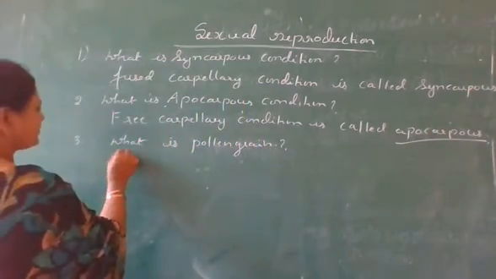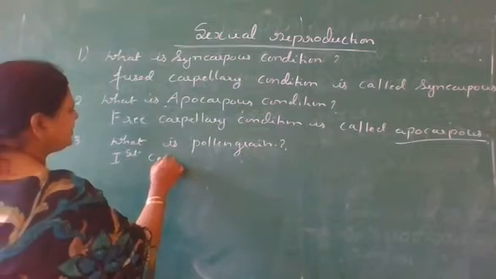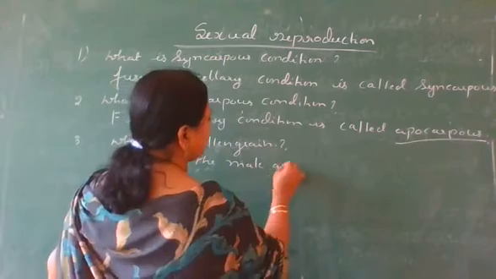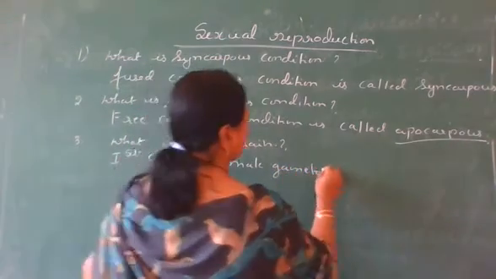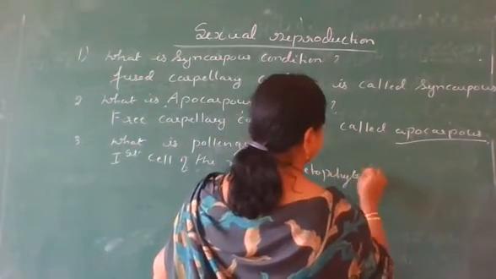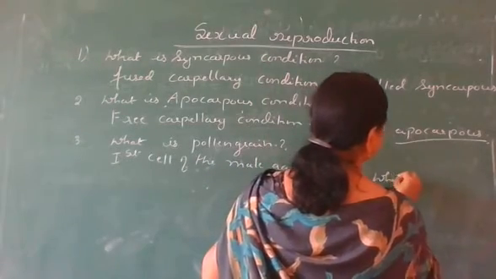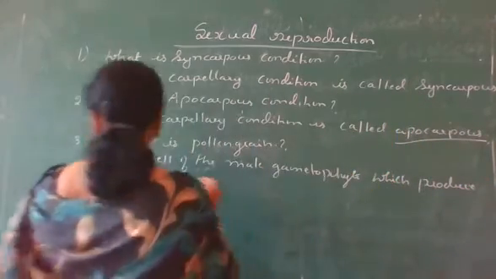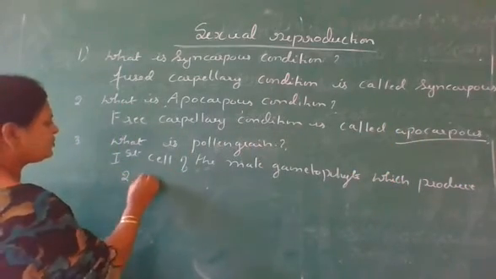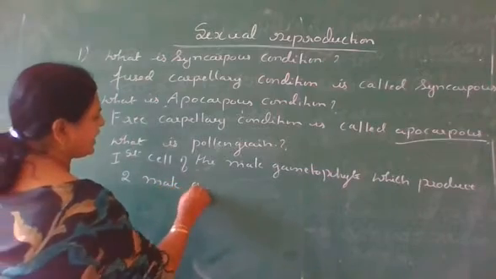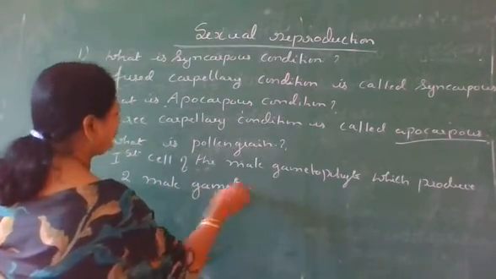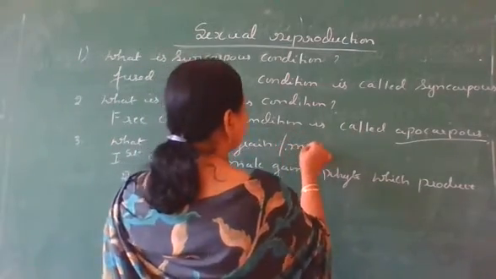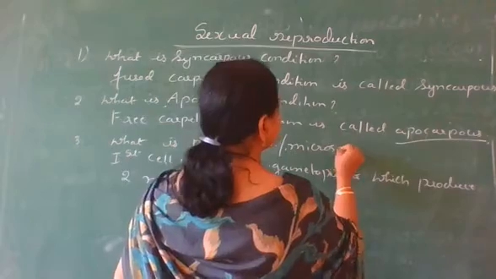The first cell of the male gametophyte, which produces two male gametes, is called pollen grain, or it is also called microspore.